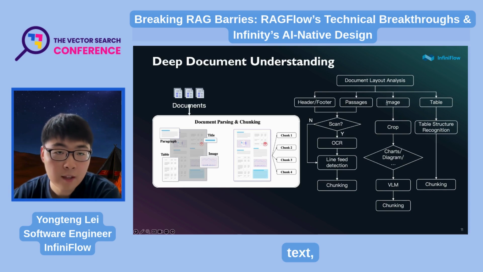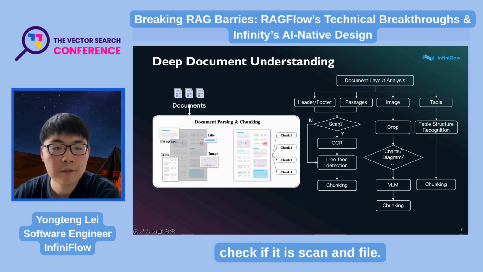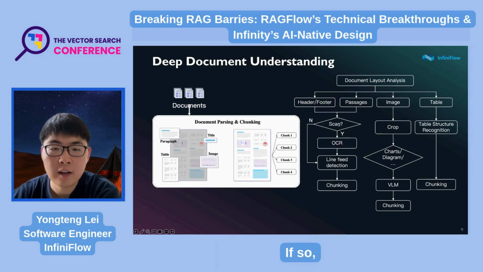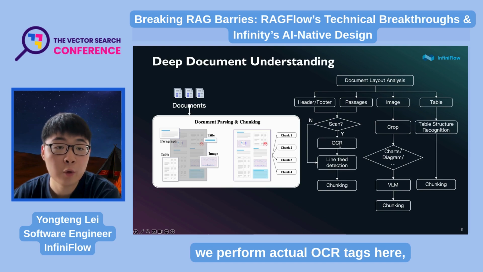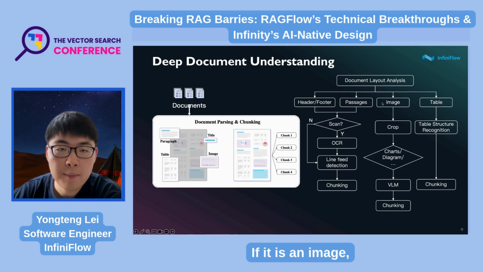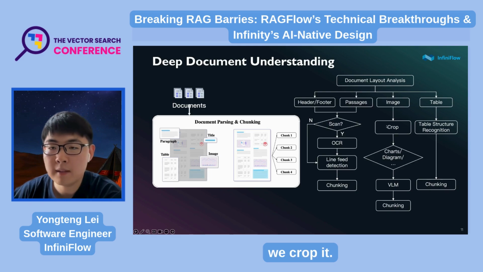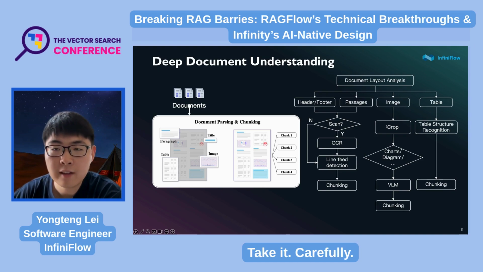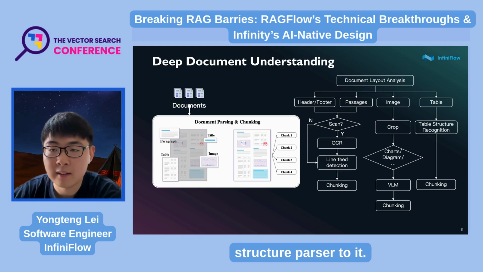If it is normal text, we check if it is a scanned file. If so, we perform actual OCR tasks here and then chunk it. If it is an image, we crop it and then investigate it carefully and then apply the structure parser to it.